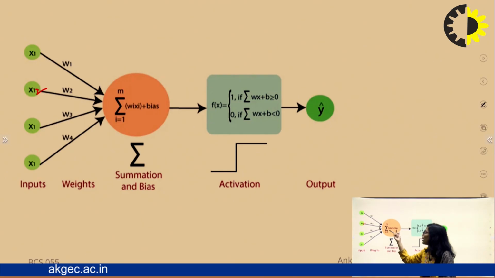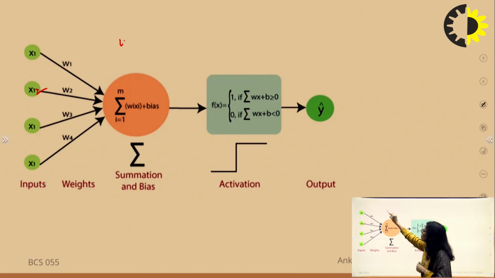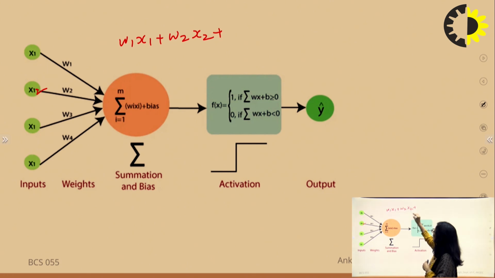It forms a weighted sum of the inputs. So we have W1 x1 plus W2 x2 plus W3 x3 plus W4 x4, plus bias. This is called the weighted sum.